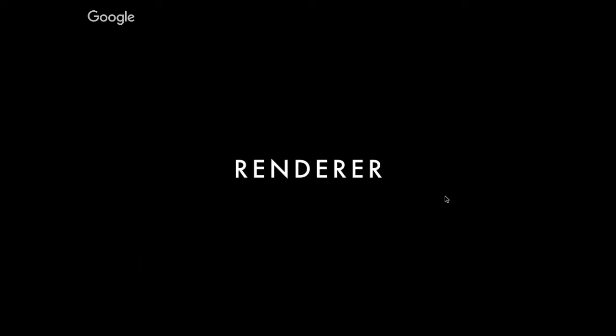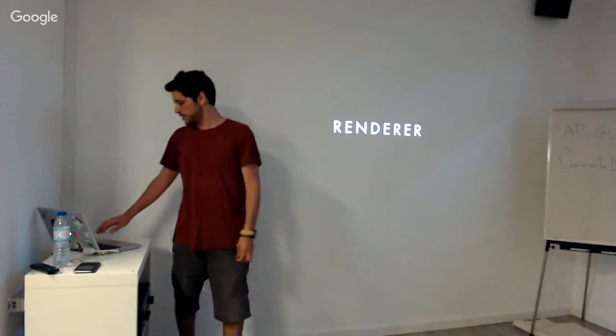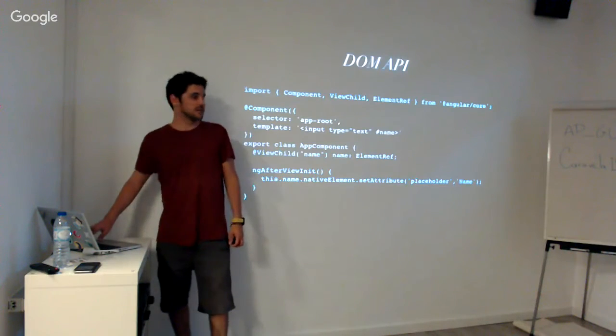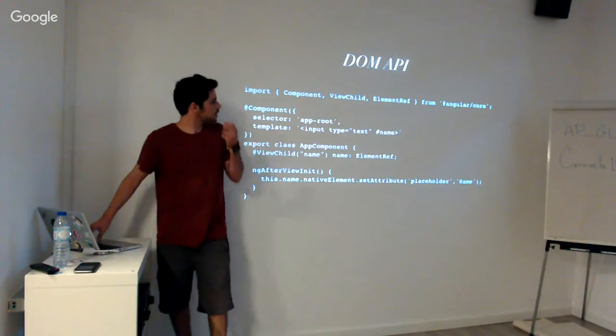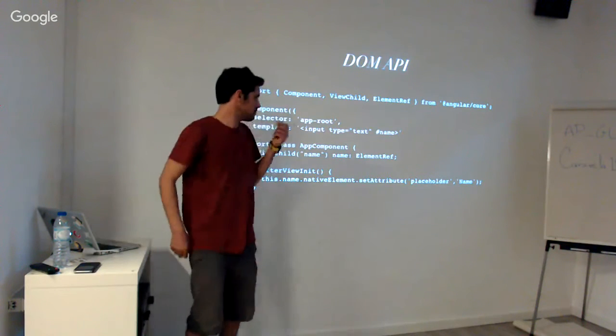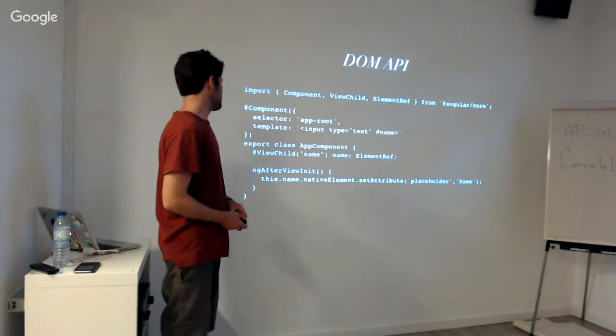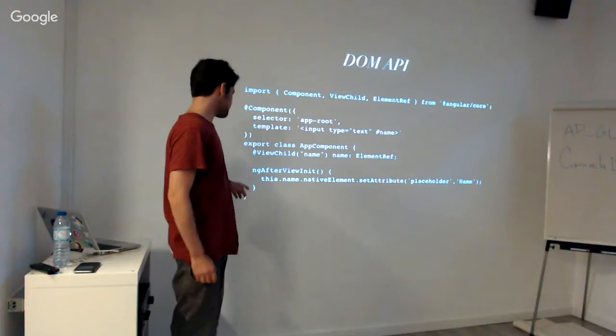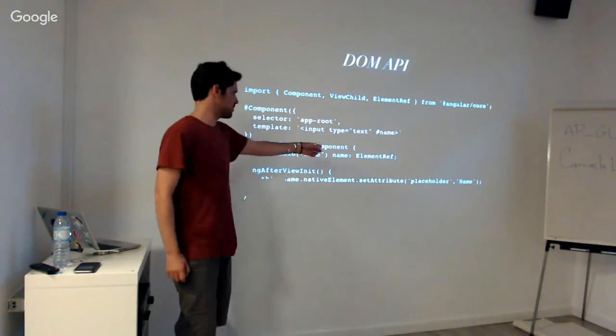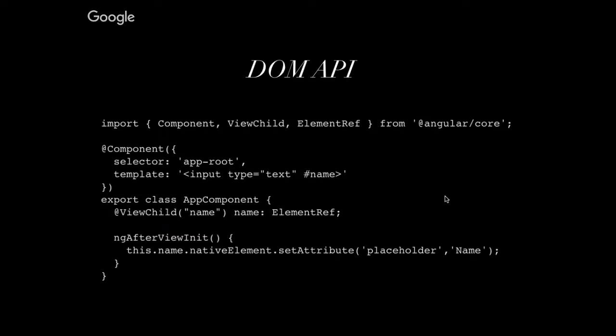The second thing, and this is a good idea for everyone to do, really, is to use the Renderer. This is typically some Angular code you might see where you have an element reference for something on the view, let's say an input, and then you want to change something on that input.